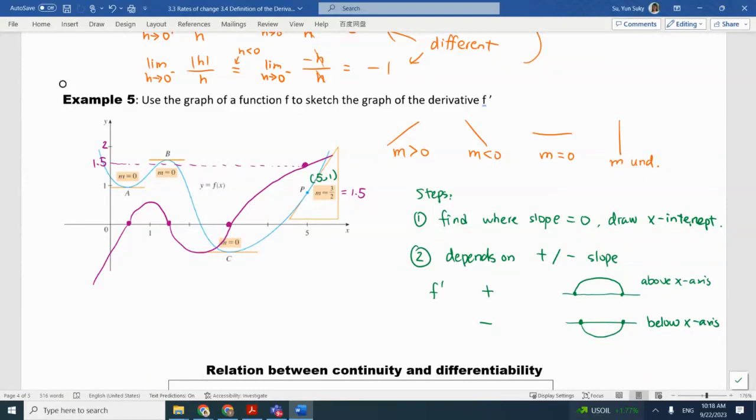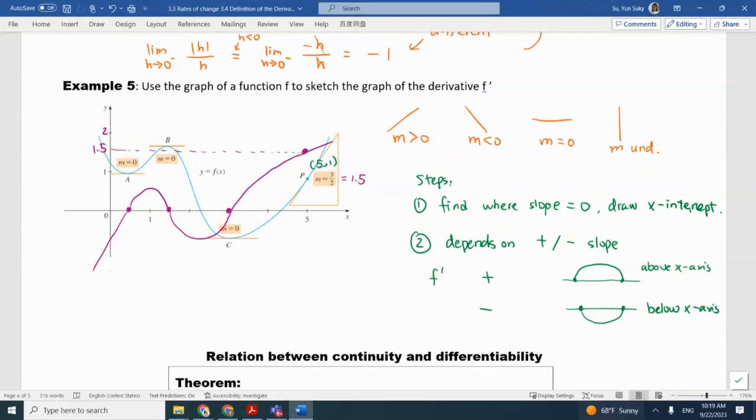You find the points where the slope is 0, and for the derivative you have the x-intercepts. If your slope is negative, your graph will be below the x-axis, and if your slope is positive, you lie above the x-axis. And like this number, 1.5, you can plot the 1.5 here for this point, and then you can draw it.